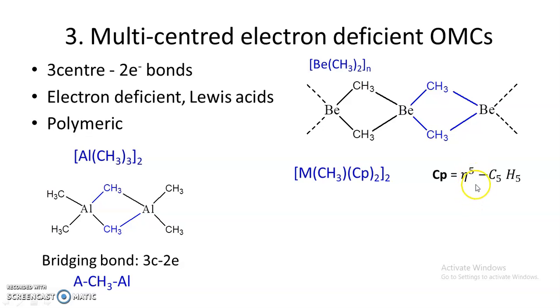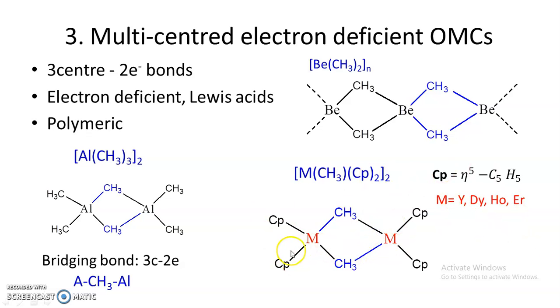It is a pentahapto ligand, the cyclopentadienyl ligand, with hapticity 5. And M is any metal like yttrium, dysprosium, holmium, erbium, etc. And this is the structure.